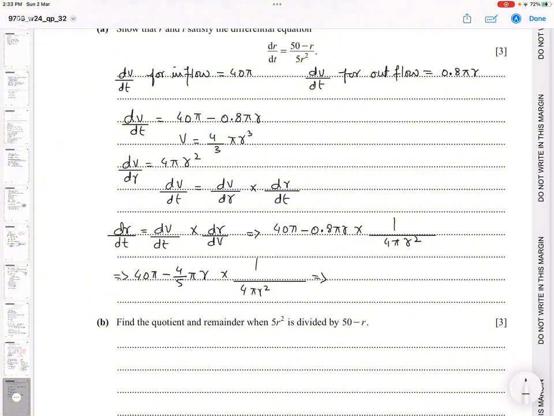So now you can take out 1 over 4 pi r square times 40 pi minus 4 over 5 pi r.